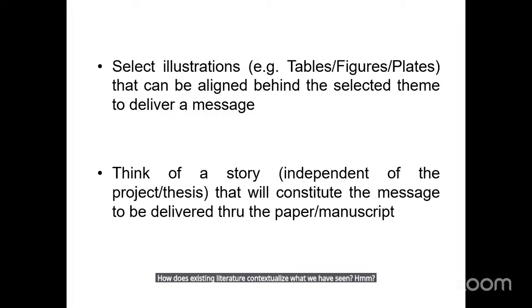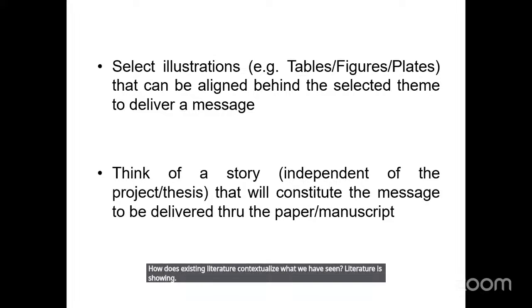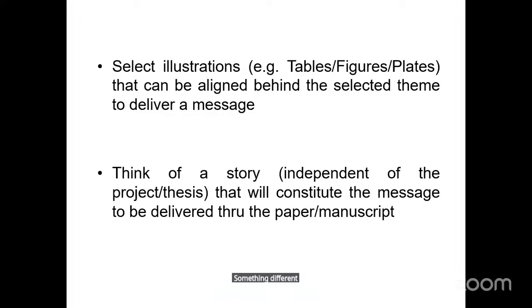If existing literature is showing something different, then we have to give a speculation. We don't leave it at that. Speculate what could be, and then finally suggest what needs to be done in order to complete the story. Okay.